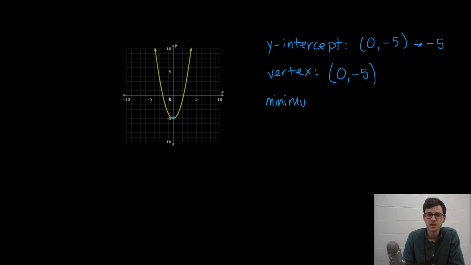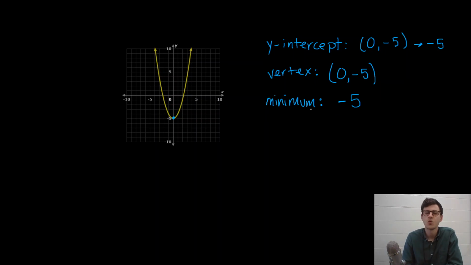And the minimum is the lowest y value for my graph. So here, the minimum, the lowest y value, would be -5. At the point y equals -5, that's where my minimum is. Maybe it's best just to say -5.